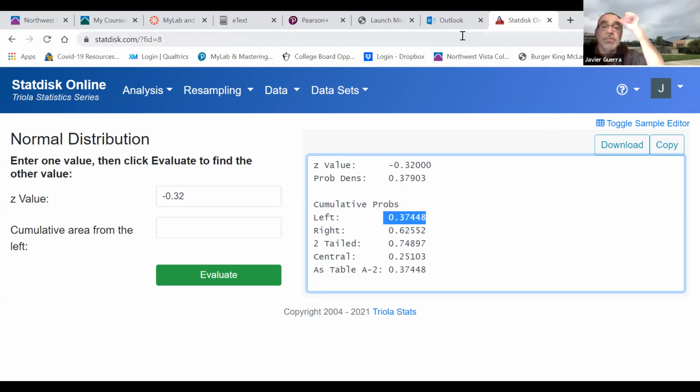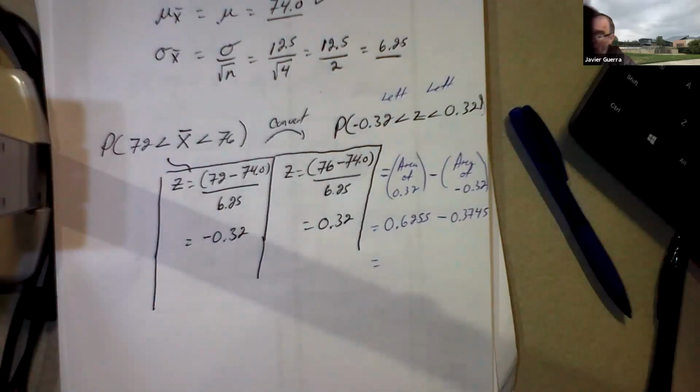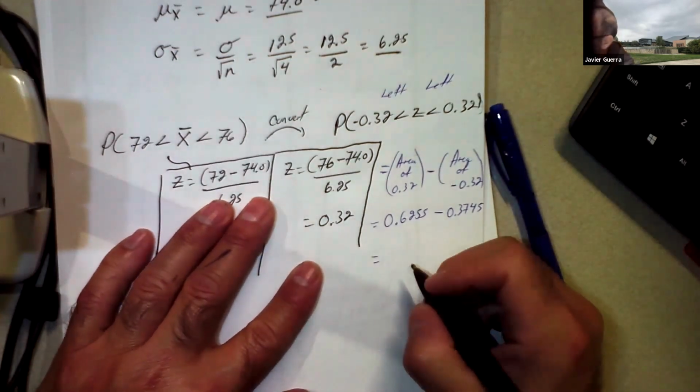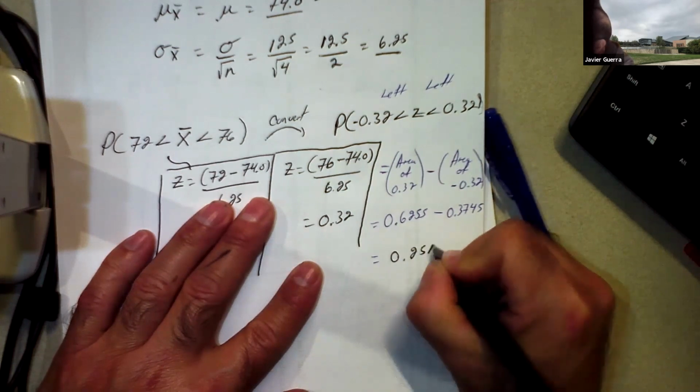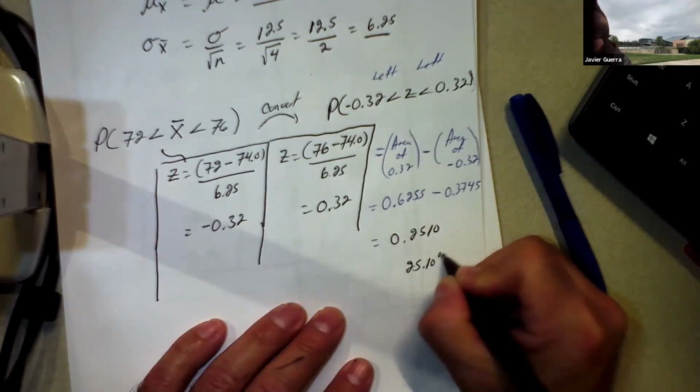And I'm going to subtract. 0.6255 minus 0.3745 is 0.2510.